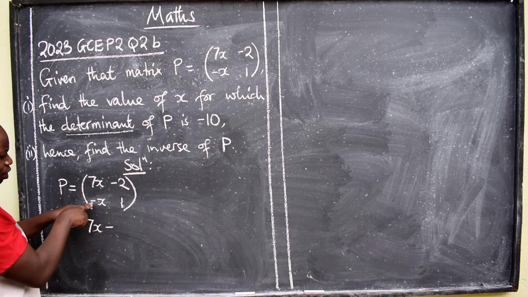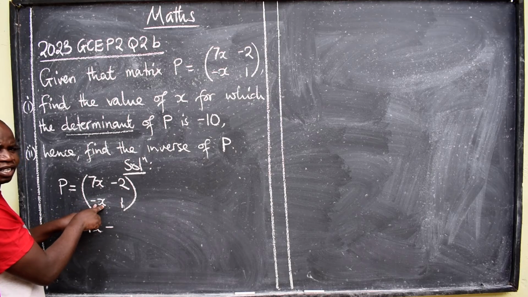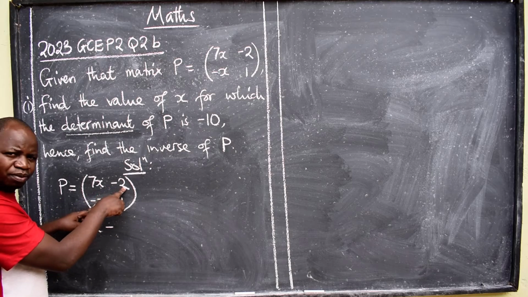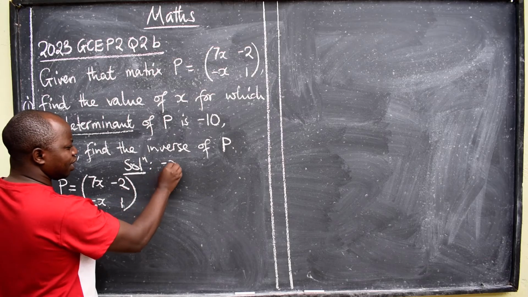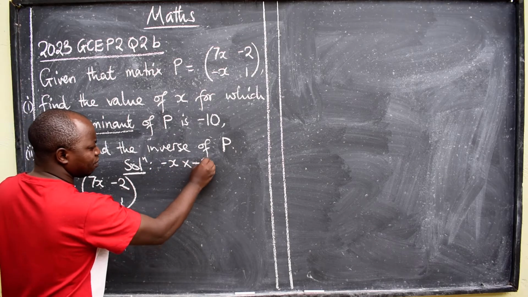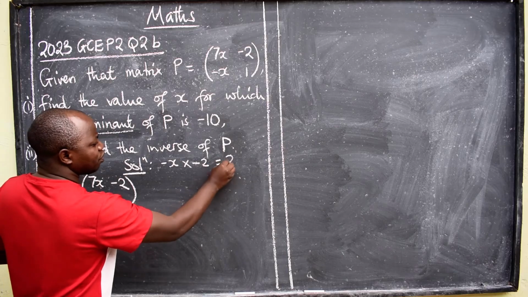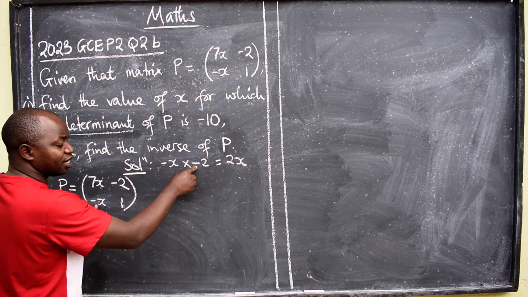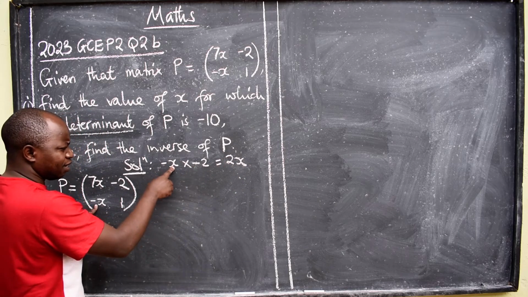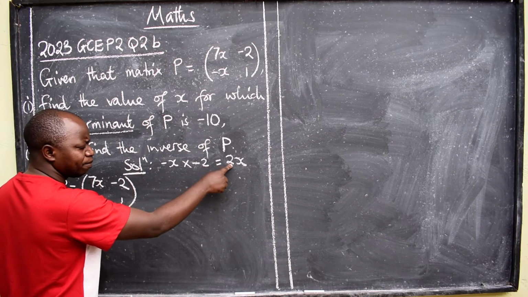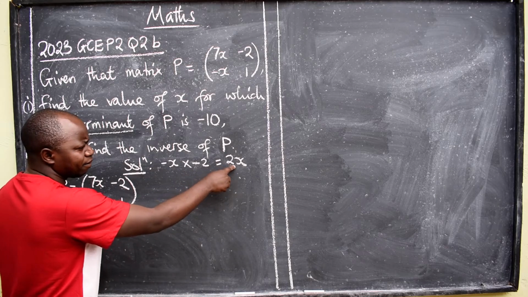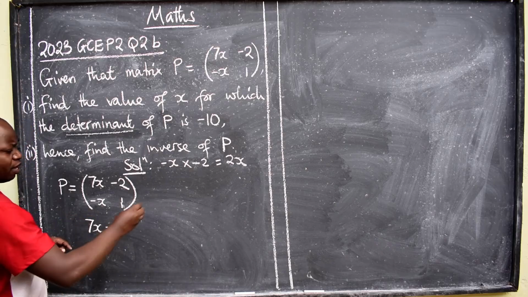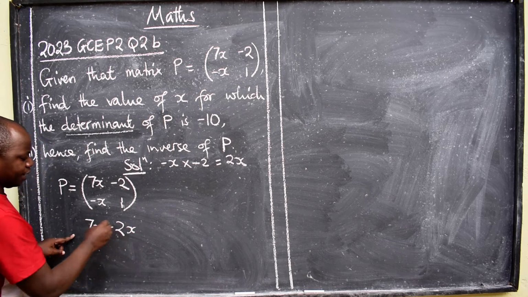The minor, you are going to say negative x times negative 2. This will give you 2x. Negative negative will be positive. X times 2 will be 2x. So we have 2x here.